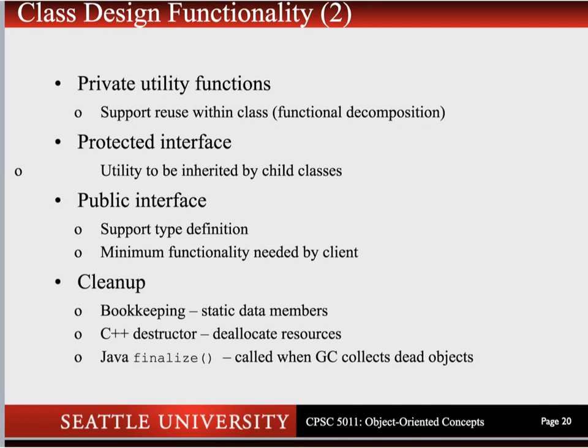Public interfaces support the type definition, and the minimum functionality is the minimum needed by the client. And then there's cleanup, which is bookkeeping, for example, of static data members. C++ also has this idea of a destructor, which will deallocate resources and memory. And Java has a finalize function, which is called when the garbage collector collects dead objects.